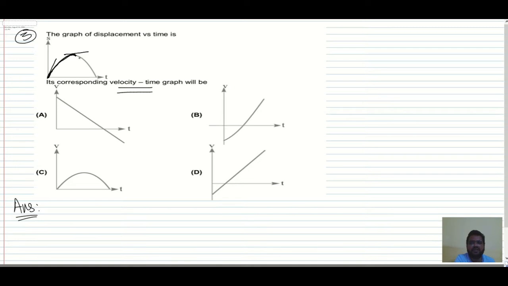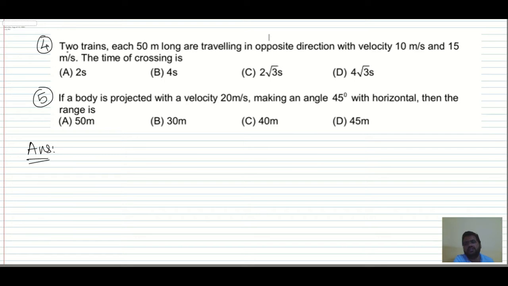Now here velocity is 0, and again velocity is increasing in negative direction. So initially it is decreasing, then it is 0 at some point, and after that it will be negative. So option A is the correct option. So initially it is decreasing, then it is increasing, but in negative direction. That's why option E is the correct option for the third question.